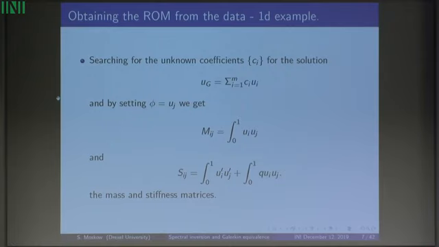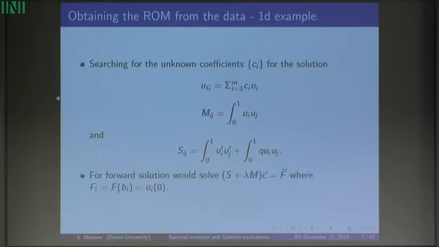I said look for a solution in the space, and setting the test function equal to the elements of the basis, I come up with a mass matrix and stiffness matrix. Then if you wanted to solve the forward problem, you would look for the coefficient C that satisfies this equation, where the data on the right-hand side is ui at 0.